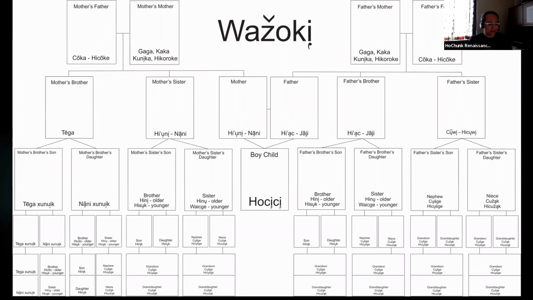Now we're going to check it out from the view of the father's sister's side. So now Chewy's children has children. Her son, so the boy is Chunske. The boy, Ichunske, has children.